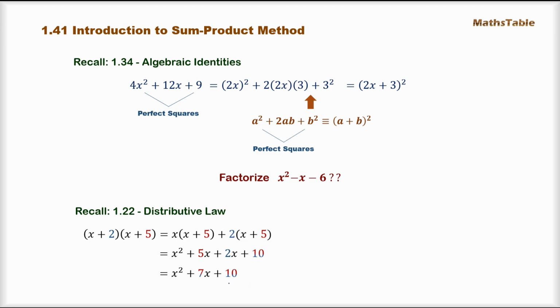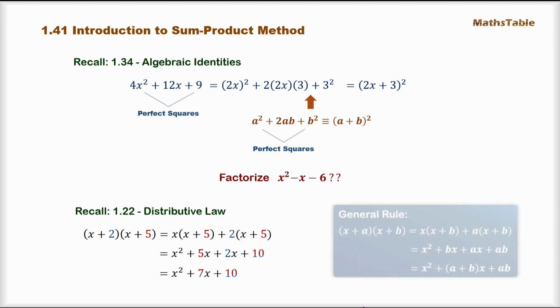So there is a particular relation between the coefficient of the middle term and the final constant term. We can clearly see that if we go in the reverse direction to obtain the factorized form of such an expression, where the 10 is not a perfect square, just as in the case of 6, we can apply the distributive law in reverse to obtain the factorized form of such an expression.